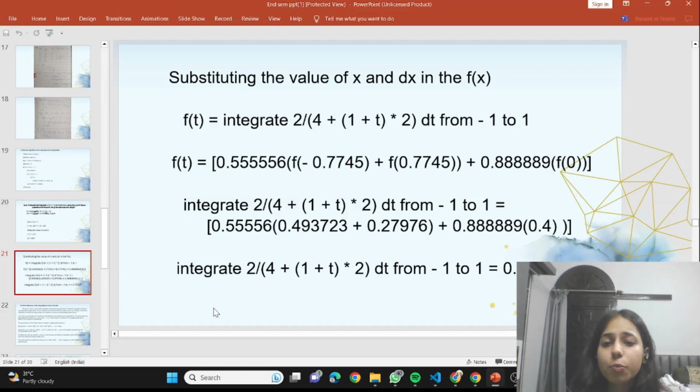F(t) is equal to 0.55556 f of minus 0.7745 plus f of 0.7745 plus 0.888889 f of 0. Integrating, we will get the value.